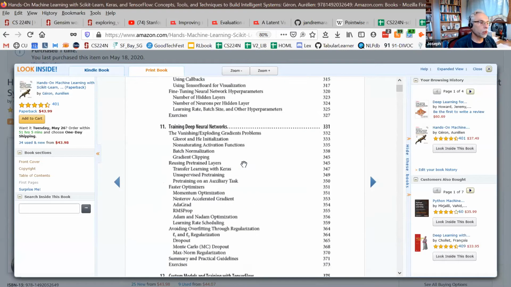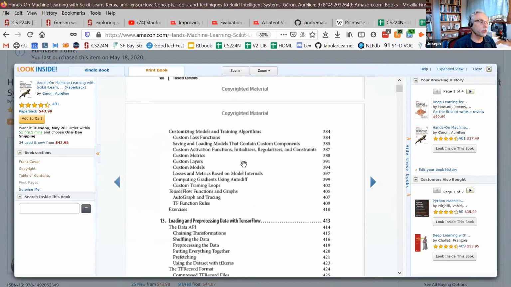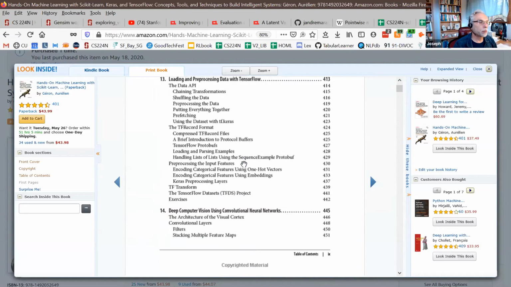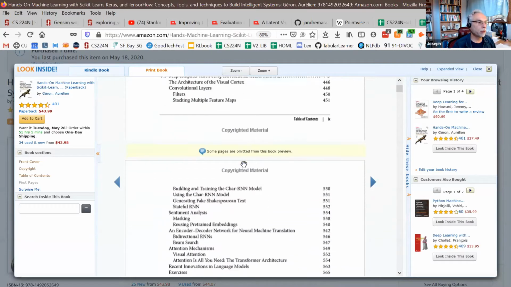Okay, so go through a lot of work in neural networks, getting introduced to TensorFlow, pre-processing data, all the things we've been through in the FastAI package. Now we'll learn how to do that in TensorFlow, loading and pre-processing data. Then we have computer vision with CNNs.